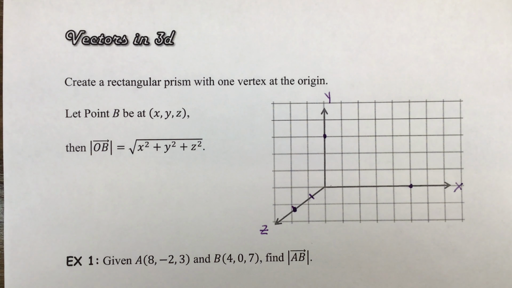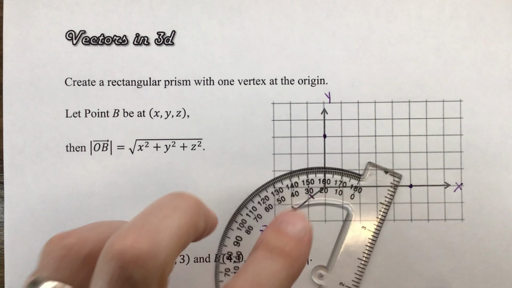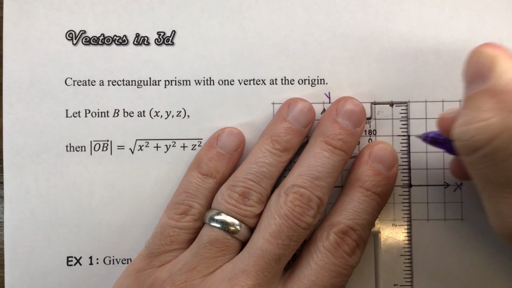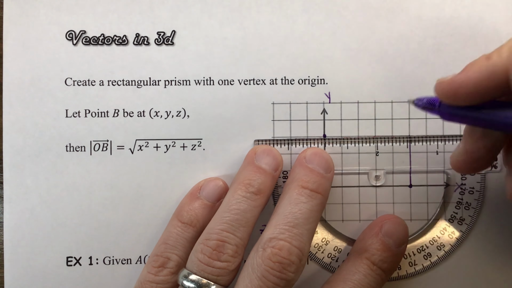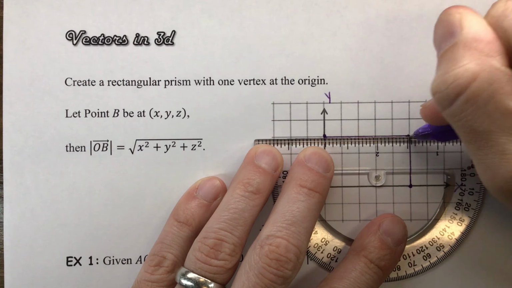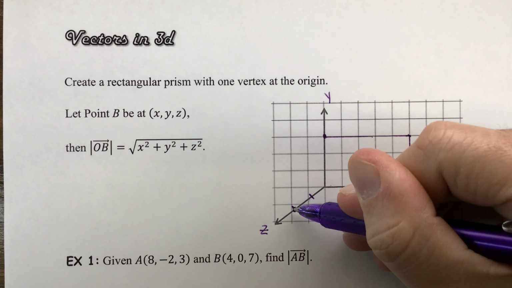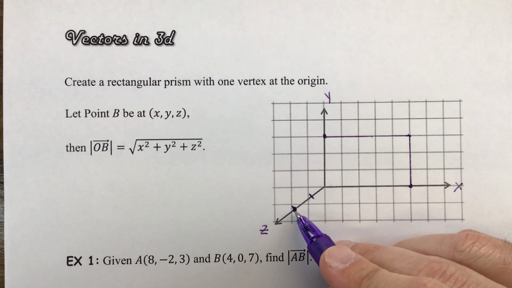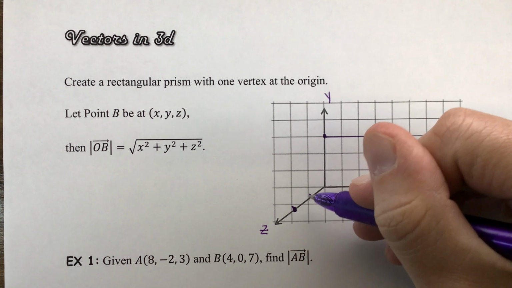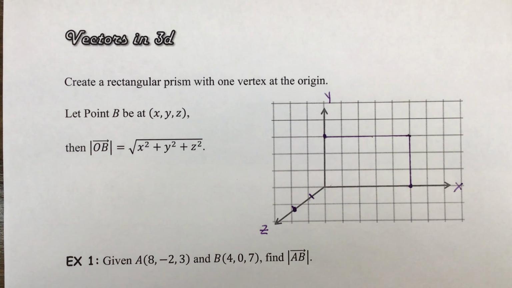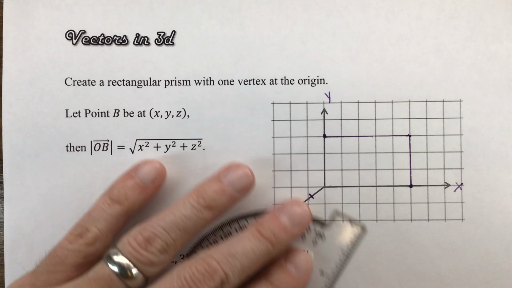All right, so given these 3 coordinates, I'm going to draw a rectangular prism that would sit sort of like in a corner here. Okay, so this is going to be the back side of it. That'd be the back. All right, and then from this point up, which I have just a little bit off of that line, I'm going to go up 3 units, which, the way that I did this, I might just need to measure it here.